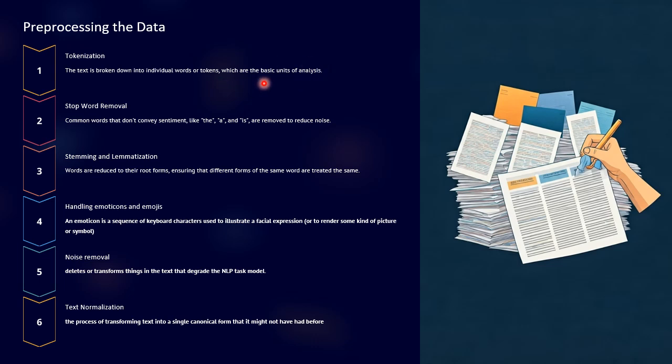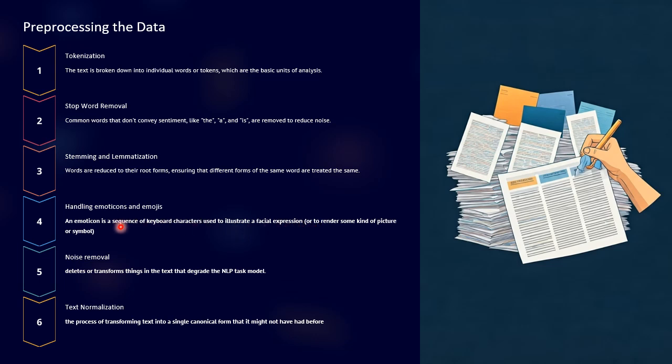So let's come to stop word removal. These are common words that do not convey any sense, for example the, and, is, or, which are removed for noise reduction. Then stemming and lemmatization: these reduce words to their root forms, ensuring that different forms of the same word are treated as the same. Handling emojis: an emoji is a sequence of keyboard characters made as facial expressions, a kind of picture or a symbol.